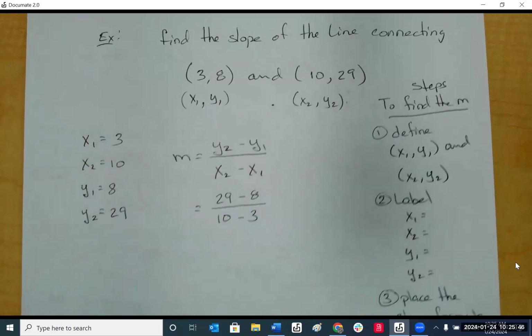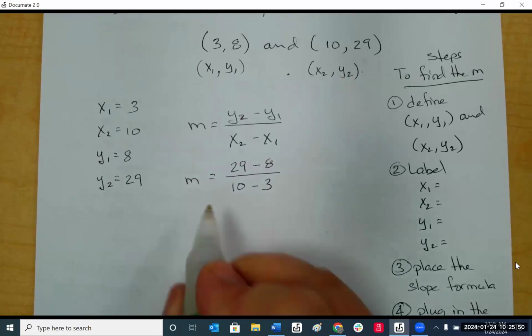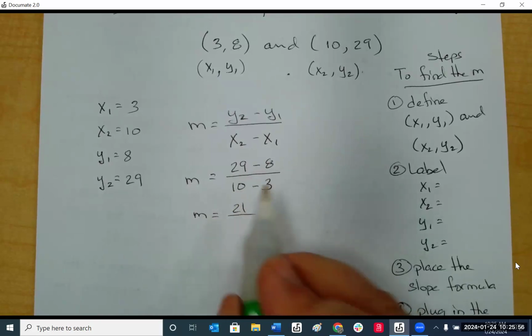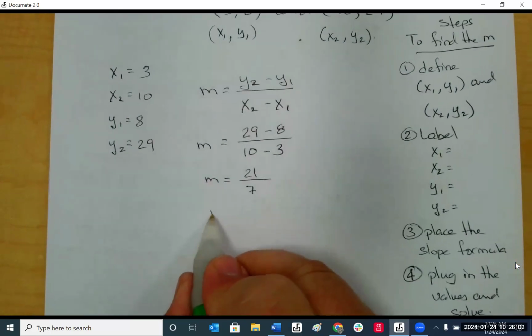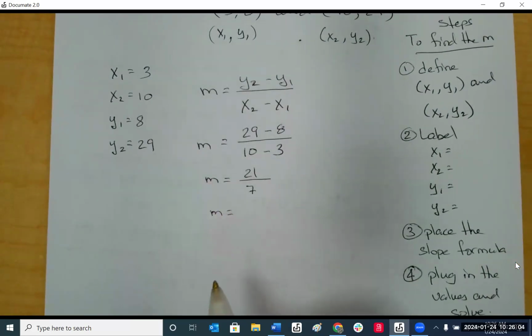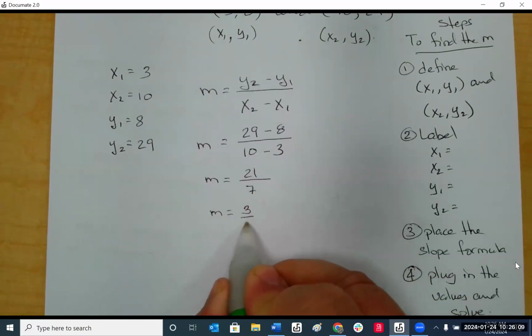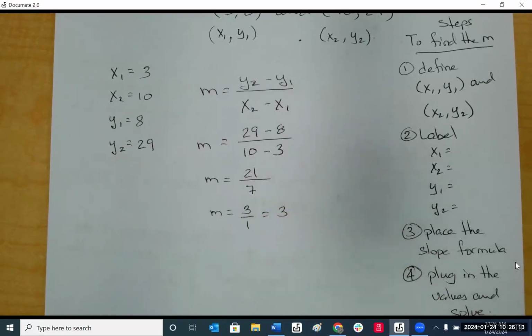X1 is 3. 29 minus 8 is 21. 10 minus 3 is 7. Simplify if possible, so this becomes 3 over 1, or 3.